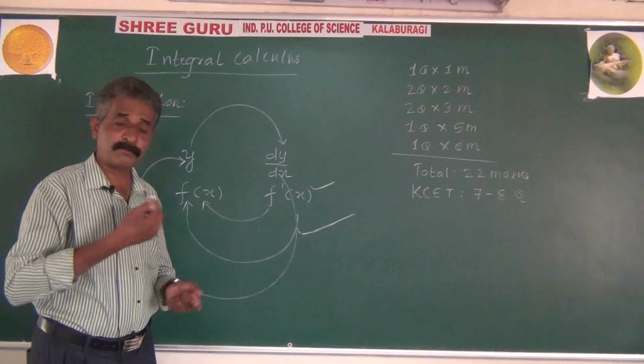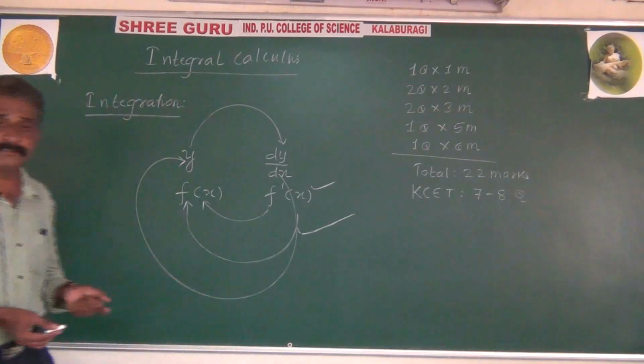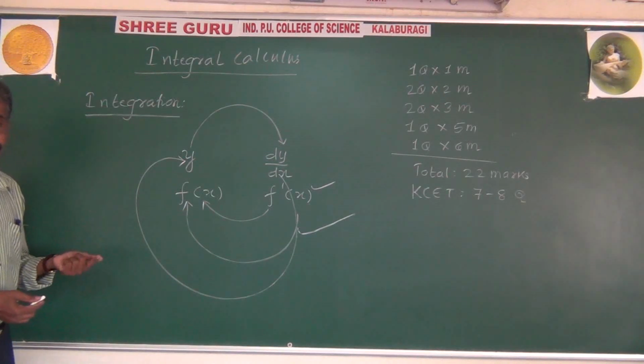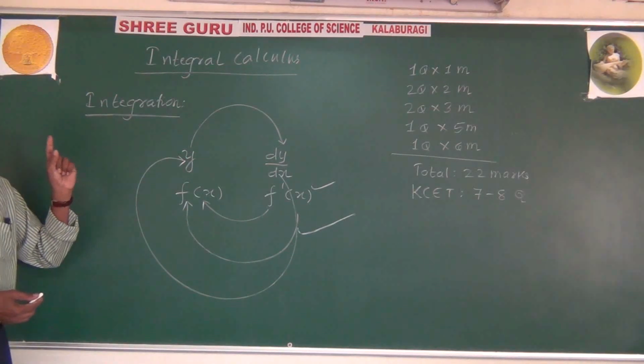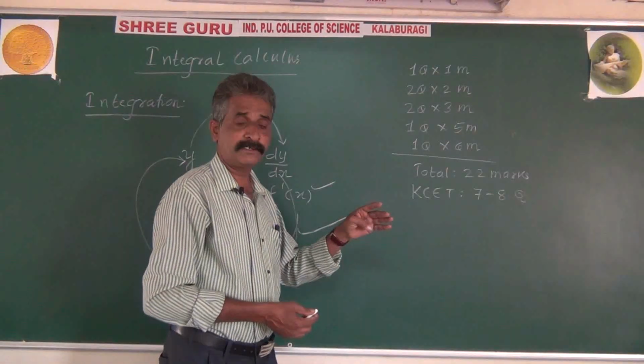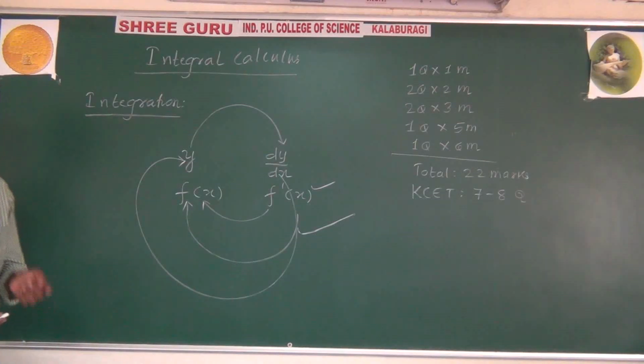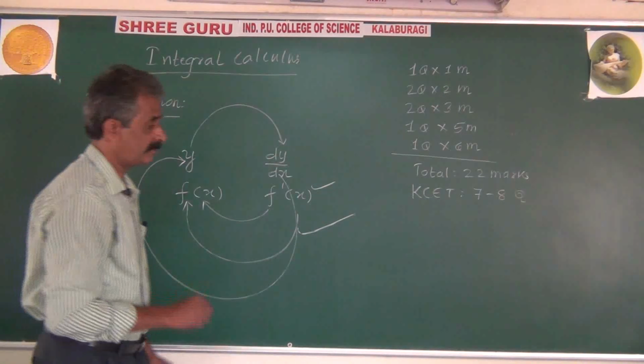Antiderivative means opposite of differentiation. Converse means reverse of differentiation. That means whatever formulas we dealt with in differentiation, the same formulas can be taken here, but not in the same direction, in exactly the opposite direction.